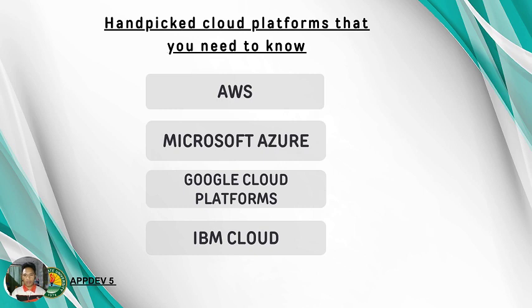I'll be talking about IBM Cloud, which is a type of cloud platform. IBM Cloud is one of the most reliable full-stack cloud platforms, which features a robust cloud computing system. The cutting-edge platform offers infrastructure as a service or IaaS, platform as a service or PaaS, and software as a service or SaaS to enterprises via the private, hybrid, and public cloud models.